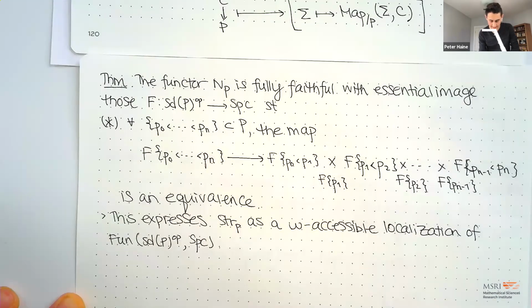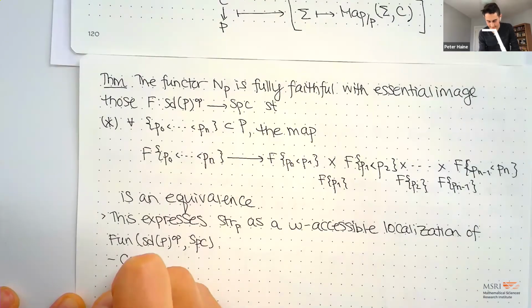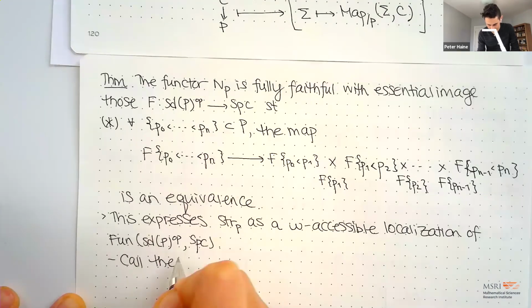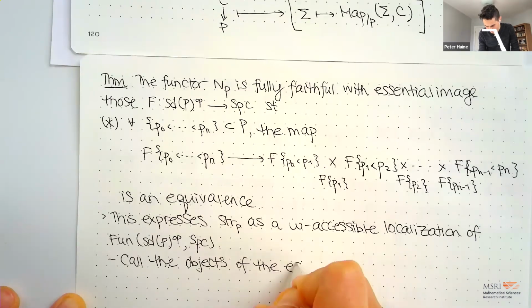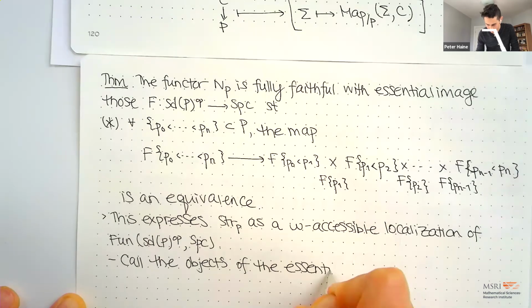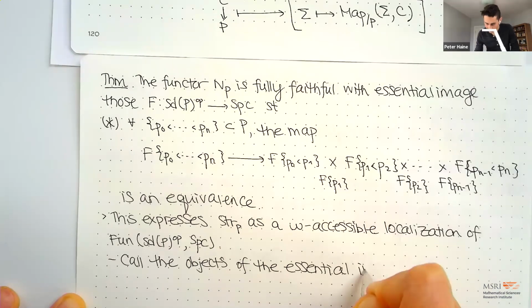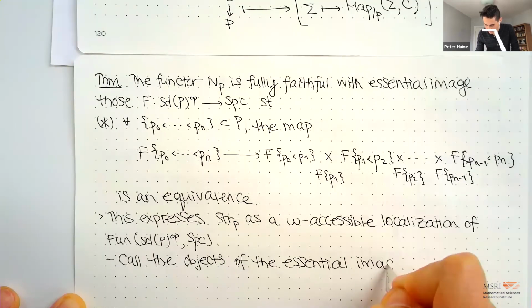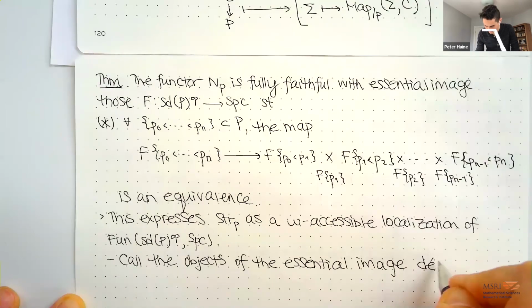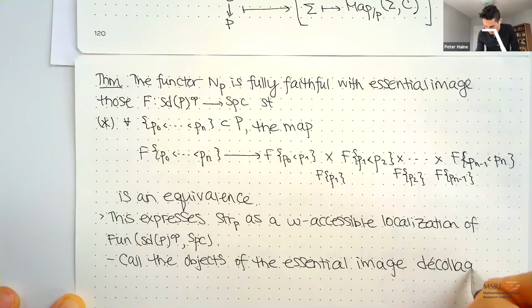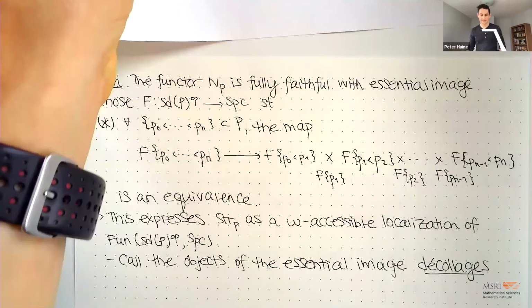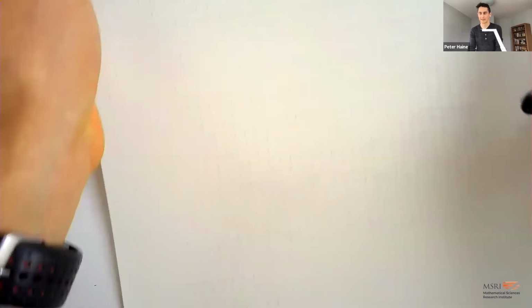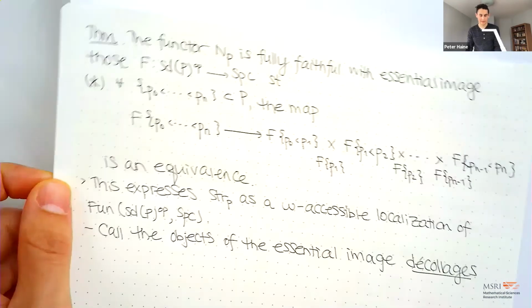And we call the objects of the essential image décollages, because they're sort of ungluing your stratified space.